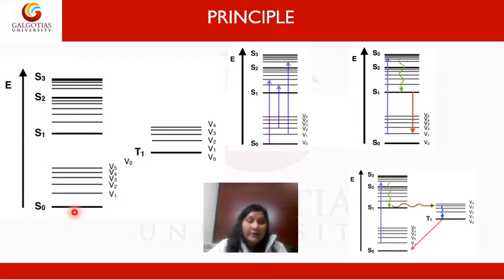They can jump from the ground state to any of the singlet excited states without changing its spin. You can see here from S0 the electron can jump to S1, S2 and S3. These lines are the different vibrational levels.